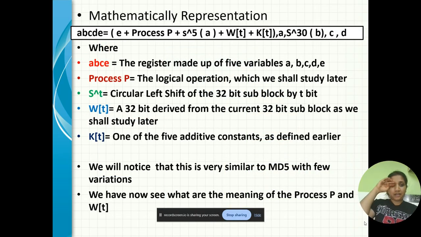So the mathematical representation where A, B, C, D, E is a register made up of 5 variables, process P is the logical operation which we shall study later, S raised to t is circular left shift of the 32-bit subblock, W[t] is a 32-bit word derived from the current 32-bit subblock, K[t] is one of the 4 additive constants. We'll notice that this is very similar to MD5 with a few variations. We will now see what are the meanings of process P and W[t].